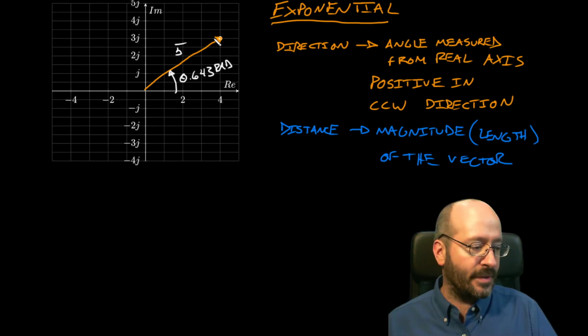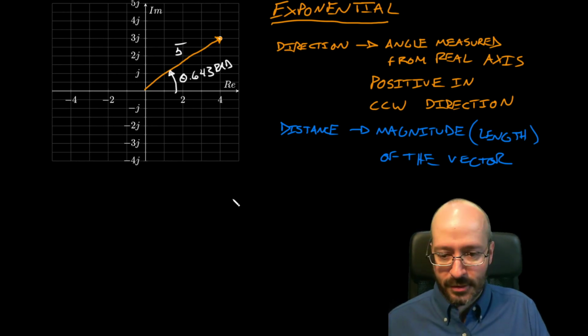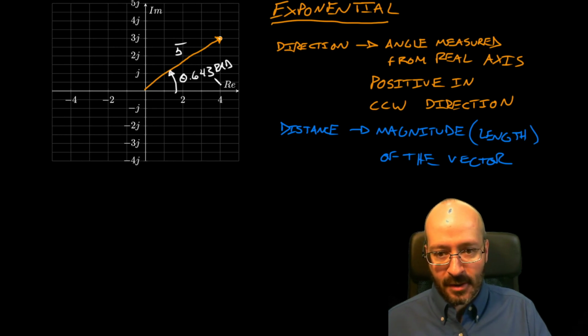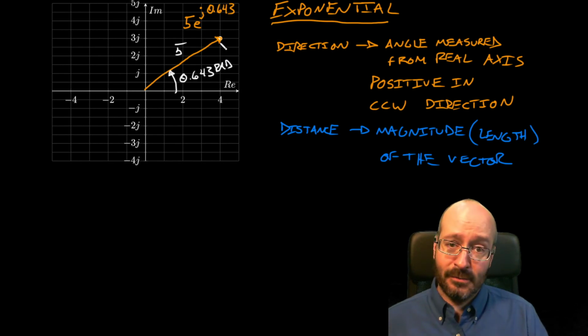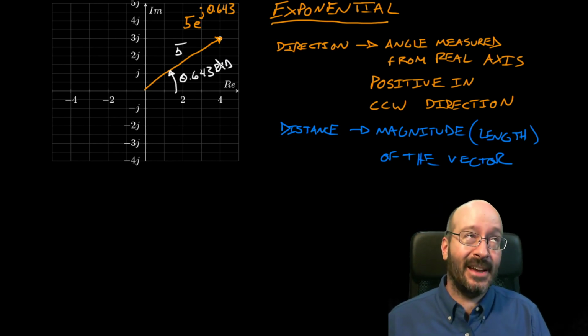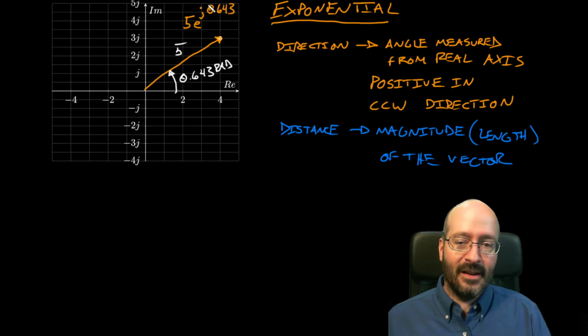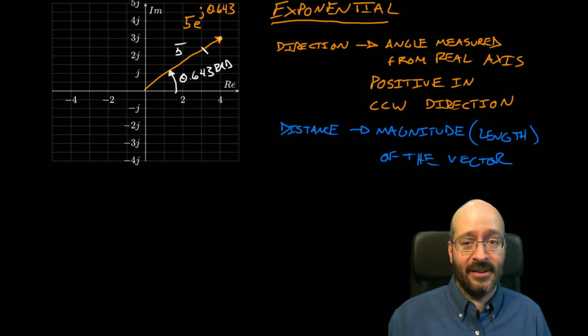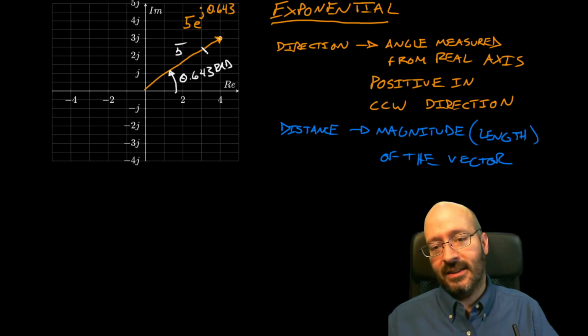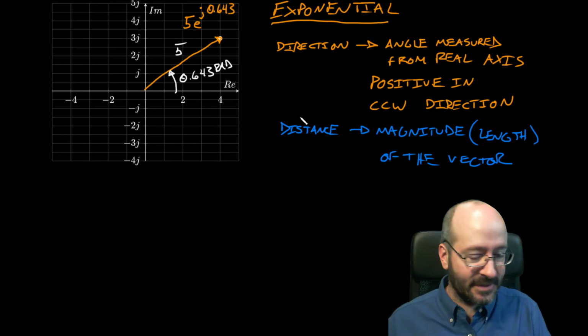So the form that he put this in, with good reason, was to say that number is 5 times the natural constant e raised to the j, so we have an imaginary exponent, 0.643. And that's another way we can locate that. The TI-83s and 84s like that format. They don't do polar form, they'll use exponential form. The same information is there: the angle from the real axis and the distance from the origin.